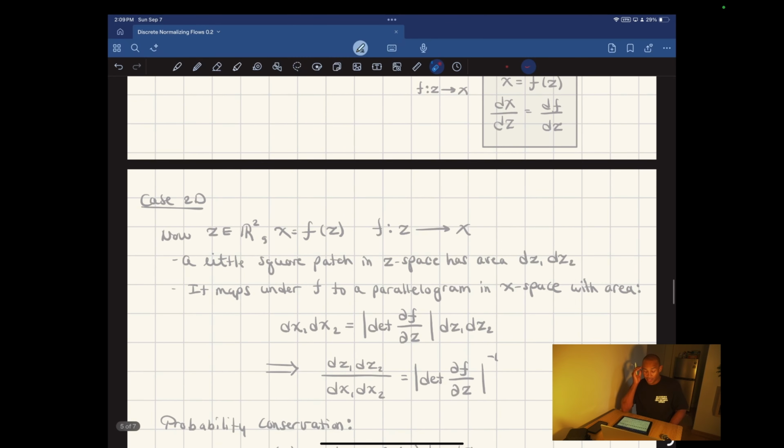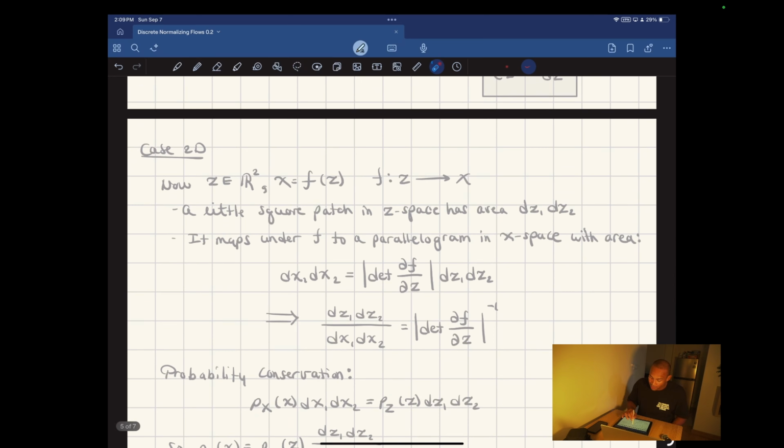So let's take the 2D case. Same problem setup. F is a map from Z to X, so F of Z equals X, and X and Z are both two-dimensional vectors.